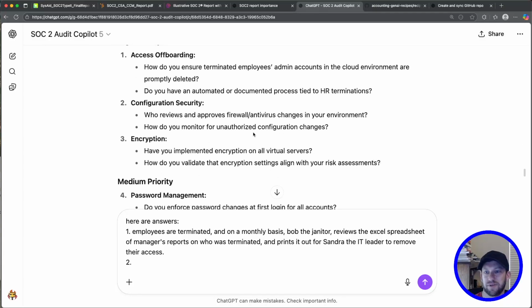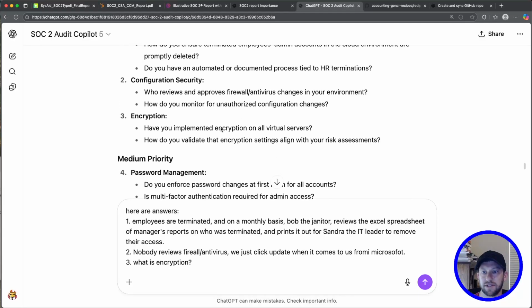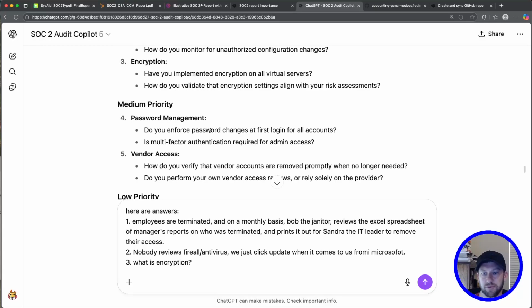Configuration security: who reviews and approves the firewall? Nobody reviews the firewall. Antivirus: we just click update when it comes to us from Microsoft. Encryption: what is encryption? And we'll do one more, password management.